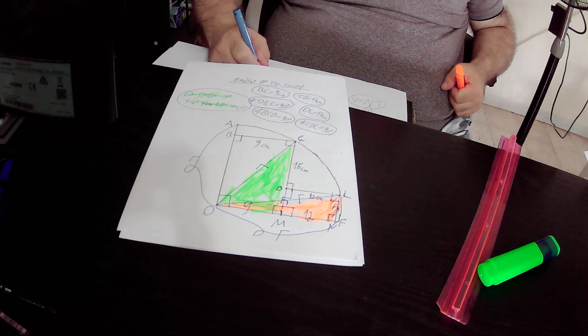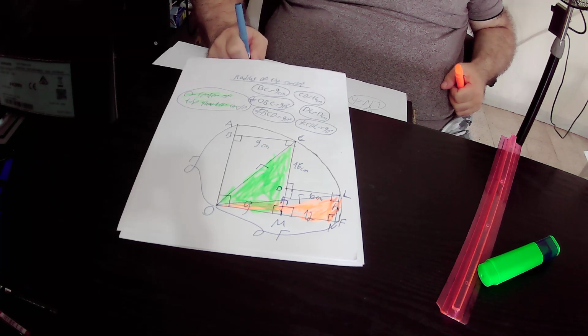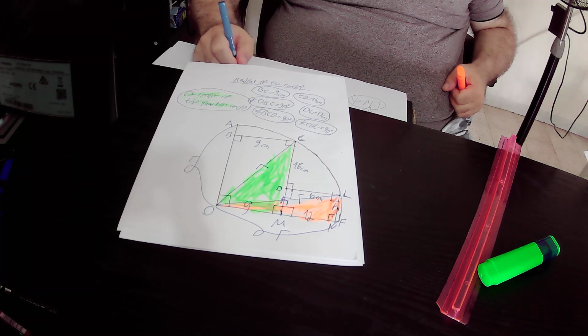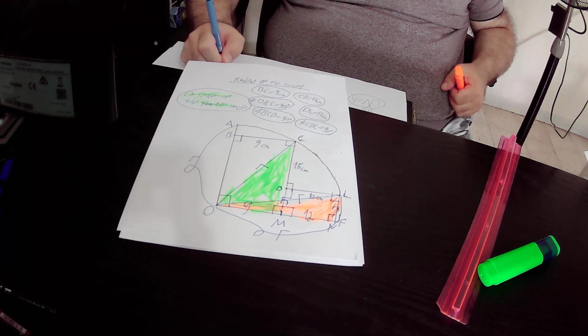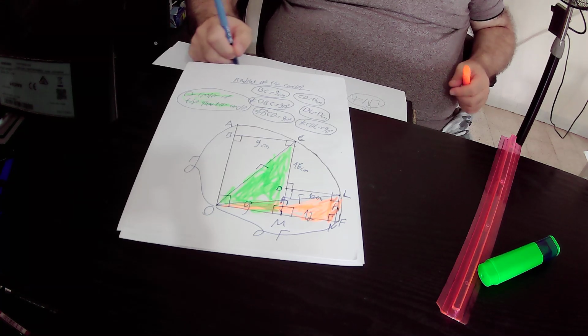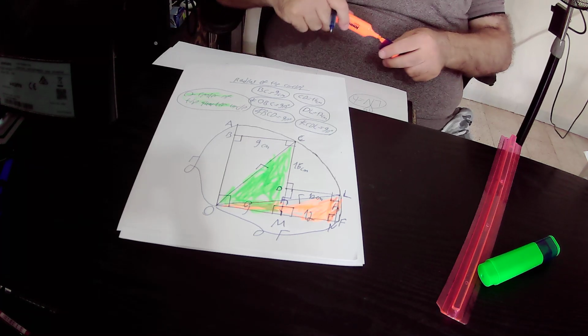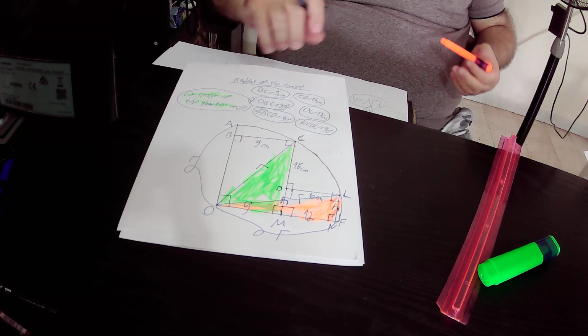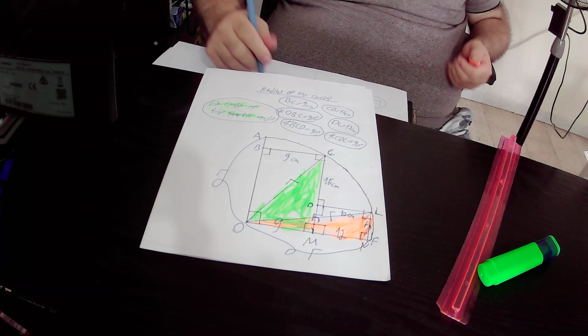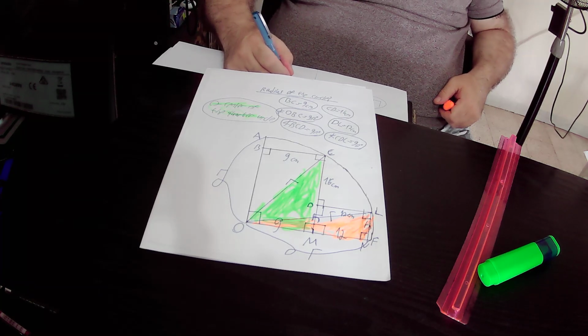So in triangle LNO, according to the Pythagoras theorem, PT is the abbreviation for Pythagoras theorem, the square of the hypotenuse equals the sum of the squares of the perpendiculars. The hypotenuse is OL, therefore the square of the hypotenuse is OL square.